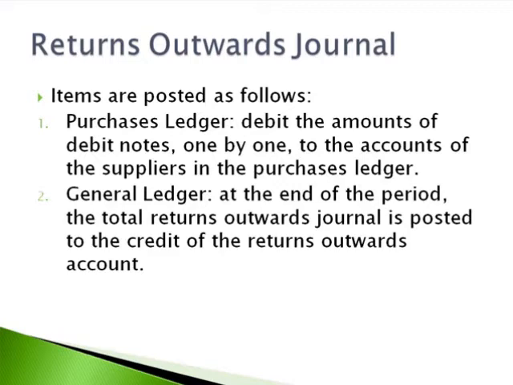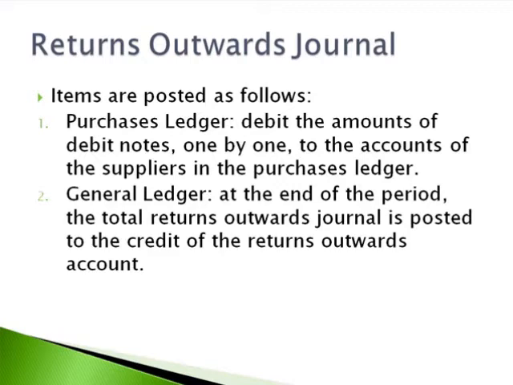So now, because we are returning these goods to suppliers, in the accounts that we are recording, remember that we are business people. When you're recording accounts, you're recording from the business perspective. We are the business. We are sending goods back to the what? Supplier. So therefore, we debit the supplier's account in the purchase ledger, because we purchased from them before. So now we are returning goods to them that were purchased from them before.